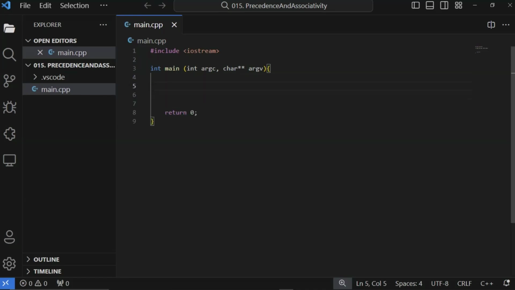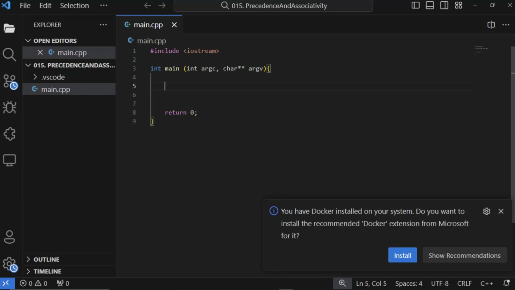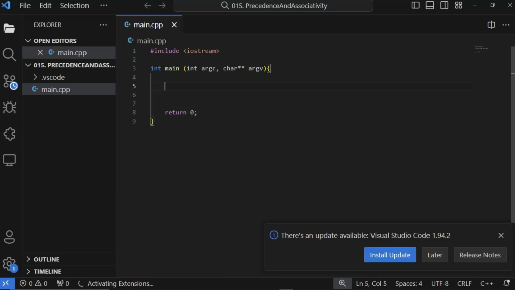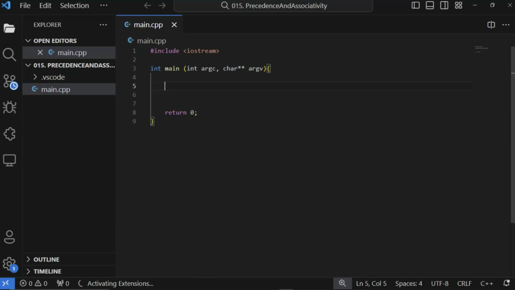So in a simple way, we're gonna do something very easy, in order to understand what we have in our code. So now we have int value 1, and we have 5 plus 6 times 5.